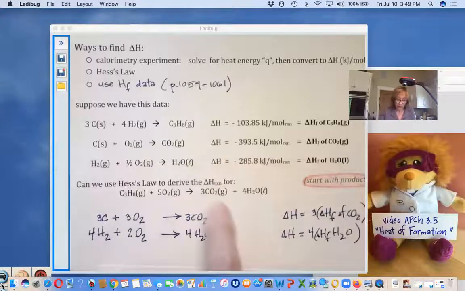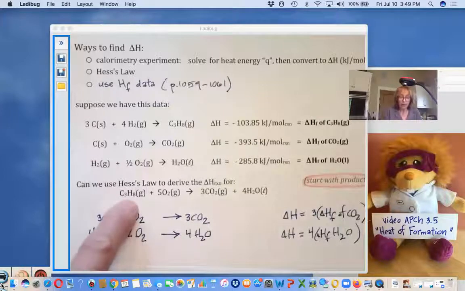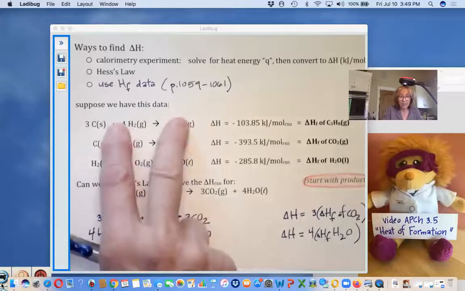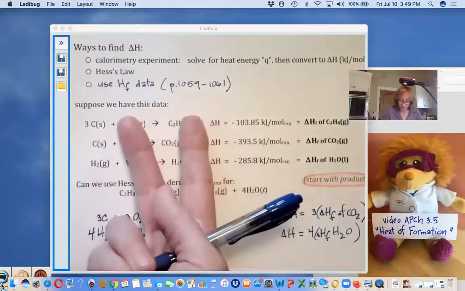Okay, so I am using Hess's law. I have achieved the 3 CO2s on the product side, the 4 waters on the product side. Now I want to get this propane on the reactant side. So this equation here gives me propane, but I'm going to need to reverse it.